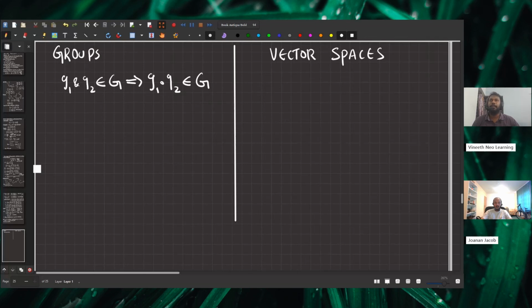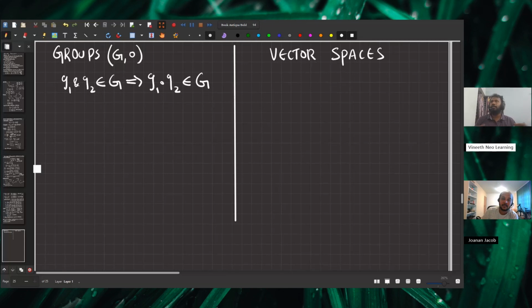Here times means the binary operation that defines the group. A group is essentially a set with a binary operation, and that operation can be addition, depending on the context.